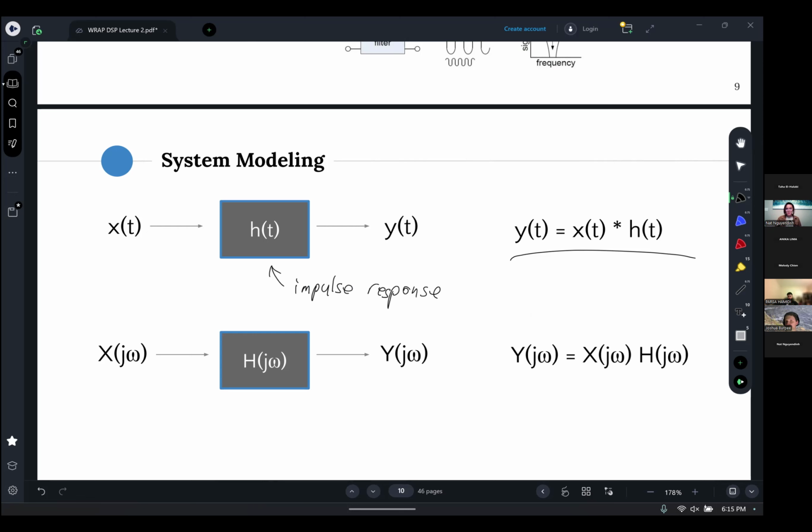But I talked about convolution in the previous lecture, and this is really where convolution comes in handy, because a lot of the signals and relationships in the time domain we can represent by convolving our input with some sort of impulse response, some sort of function, and then that's going to give us y of t, our output.